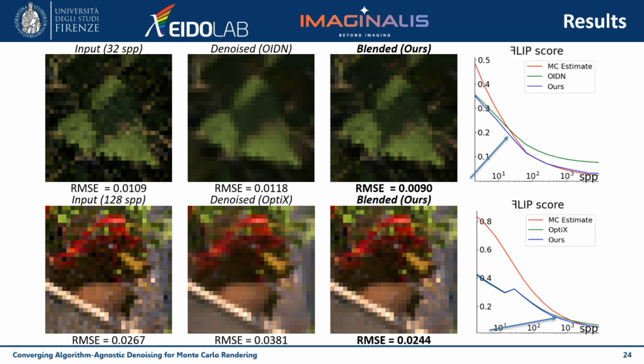We also measured the FLIP score for the scenes. FLIP is the score that reflects human perception and actually evaluates the visual quality of the images with respect to the reference. Also here, as you can see, our method produces better results.